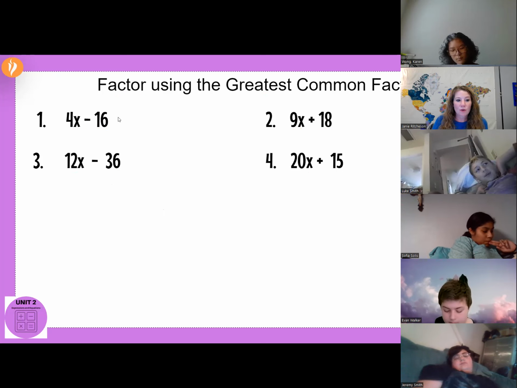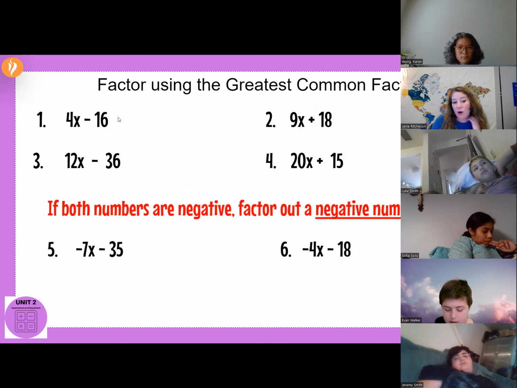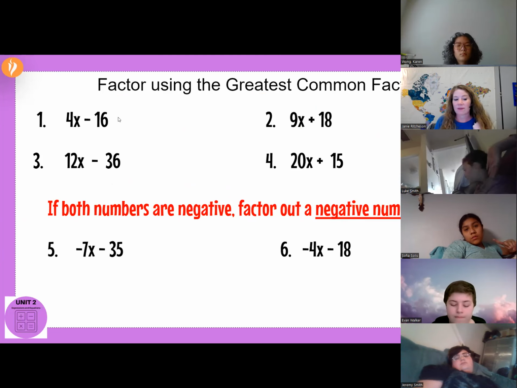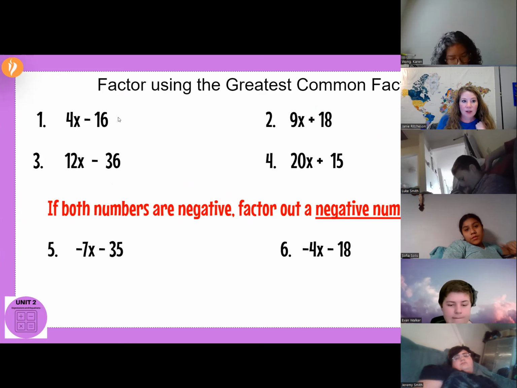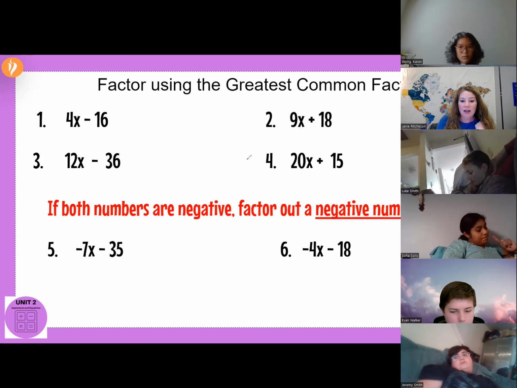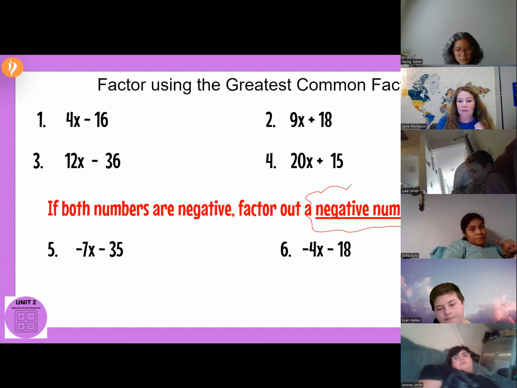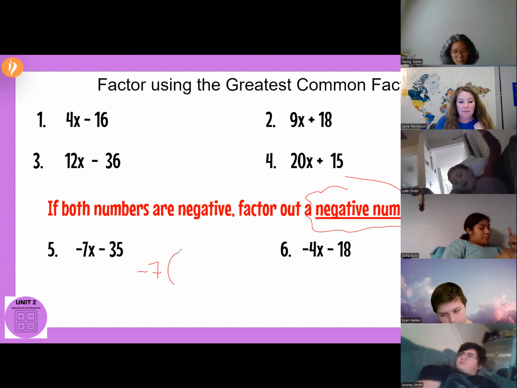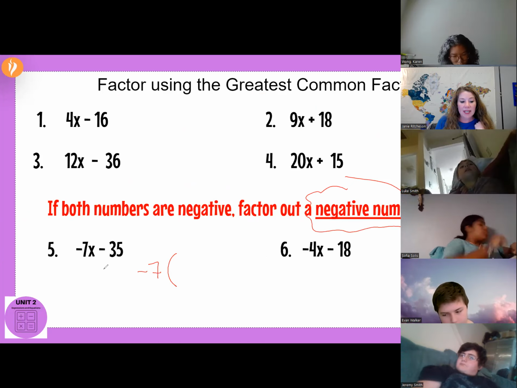By the way, this is a special notation. If both factors are negative numbers, you need to factor out a negative number, okay? So if you printed off these papers, you have this statement. For example, these are both negative. I can divide both of those numbers by negative 7. So negative 7x divided by negative 7 is positive x.